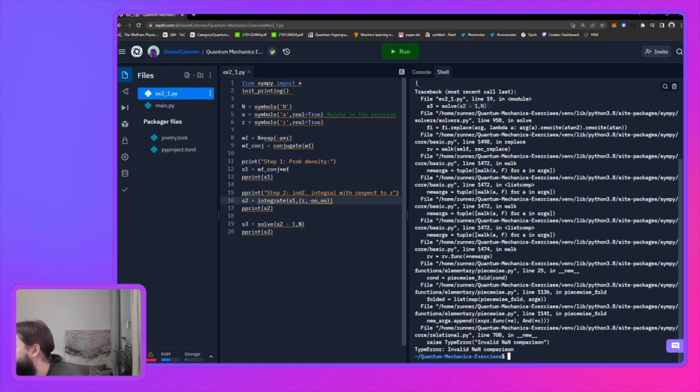Line 19. I think... no, that's correct. Okay, no, that is correct. That should be correct.